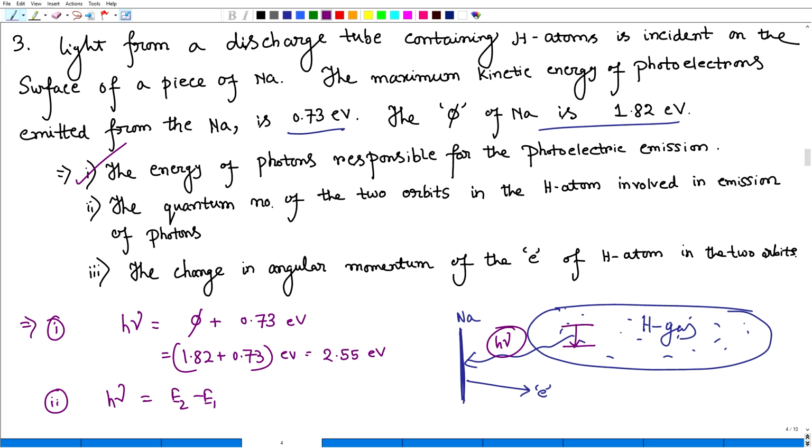So, now we have to find out what is the formula for hydrogen atom. En equals to minus 13.6 by n square. Just we have to write it down here. So, it will be n2 square minus n1 square. So, this is the case.